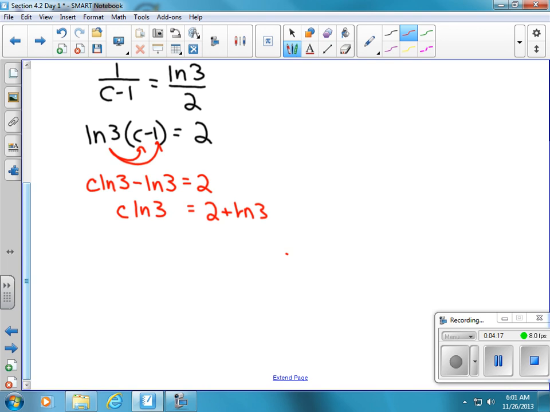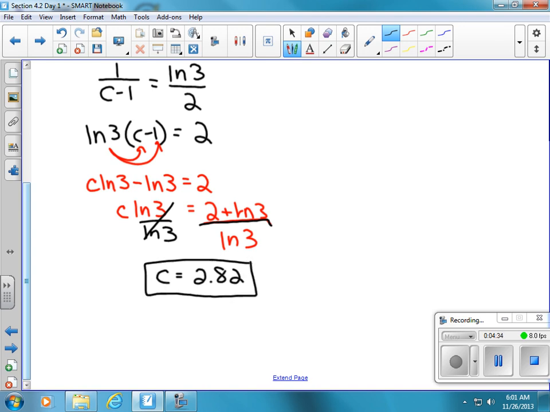C ln of 3, and then we just need to divide both sides by ln of 3. And if you put that number in your calculator, divide by this, you get c is 2.82. That is the x value where your instantaneous rate of change equals your average rate of change using the mean value theorem.